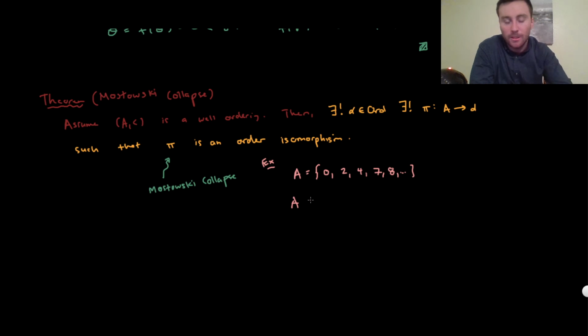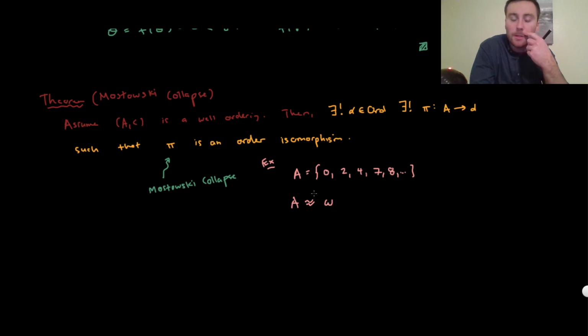Sometimes you can write order isomorphism with squiggly lines, or something like an equals sign with a curly line on top, but I'll do the two squiggly lines for now. There's no point at the end; these just go on forever. A should be order isomorphic to omega.